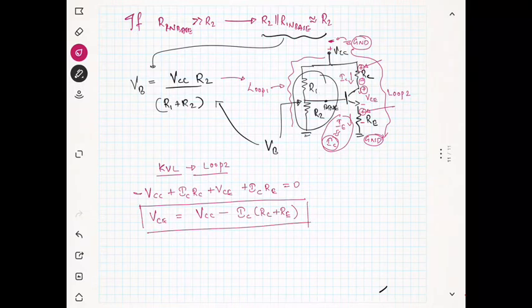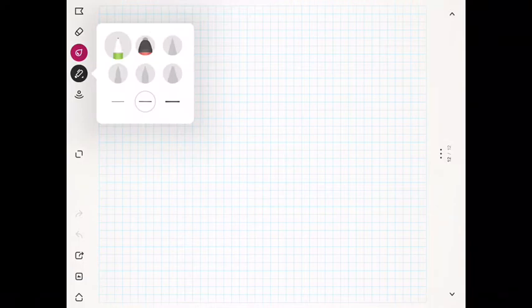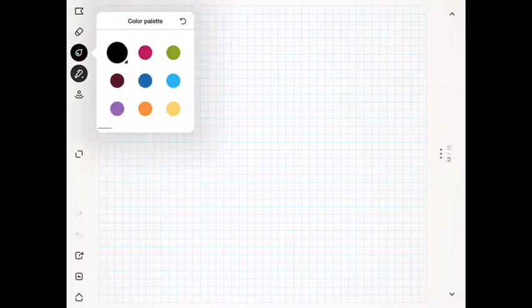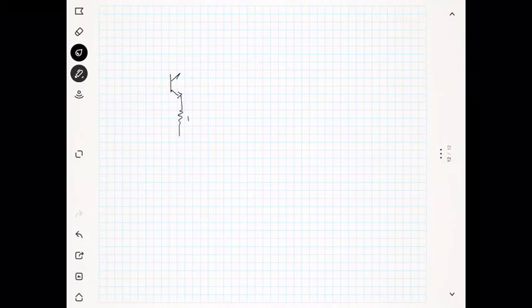How to obtain the voltage VC, we will explain in the next slide. You have a voltage divider biasing circuit with RE, RC, plus VCC, R1 and R2.